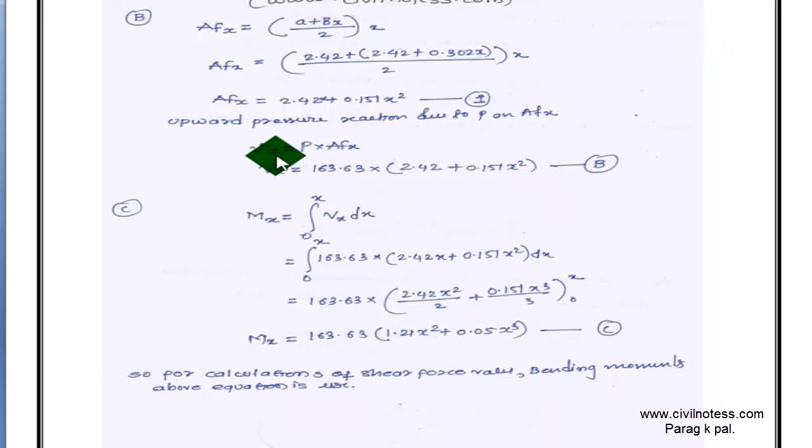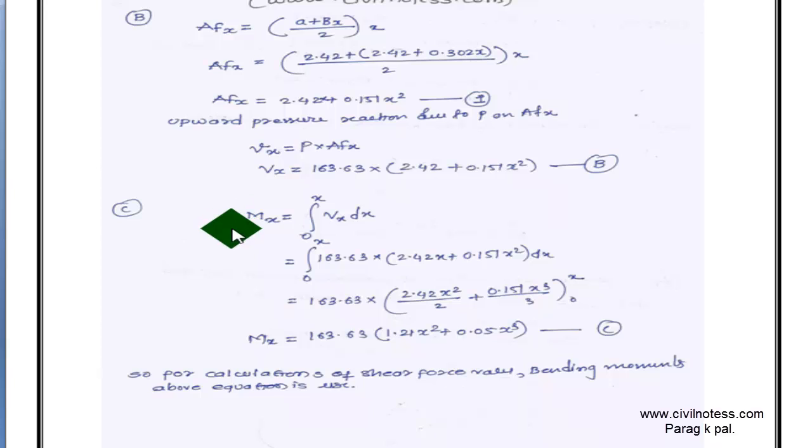Now Vx is used for calculating the shear force value. Vx is nothing but the upward pressure intensity multiplied by the area of footing at the xx section. You can solve this numerical, but for further calculation you have to put Vx as it is. It is a very easy numerical.